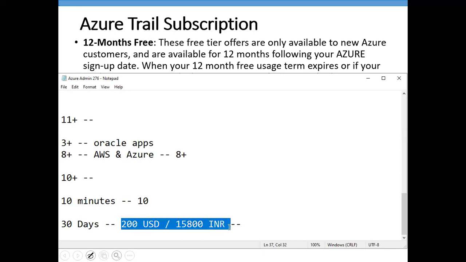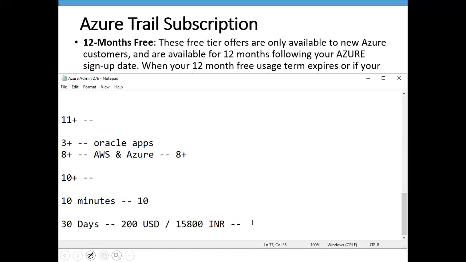Azure will not charge you a single rupee if you are under this criteria.